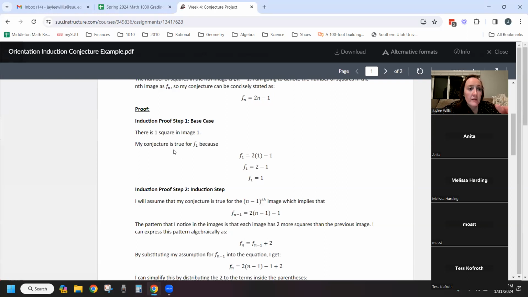Let's see, this was you as well, Anita. You said, I can see the pattern and write what's happening in words, but could not come up with the algebra to write it in. So that's natural. When you do pattern finding at their level, your students are going to have the same thing where they can see a pattern, but they don't know how to put it into math language or into math sentences.